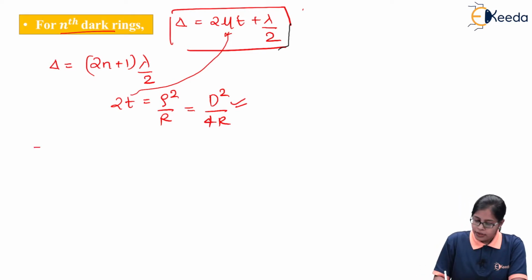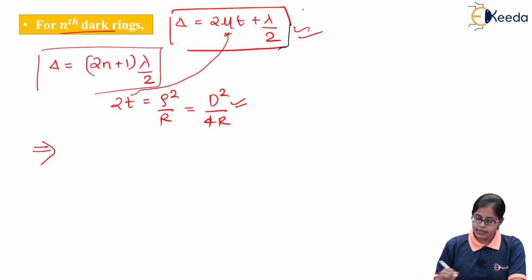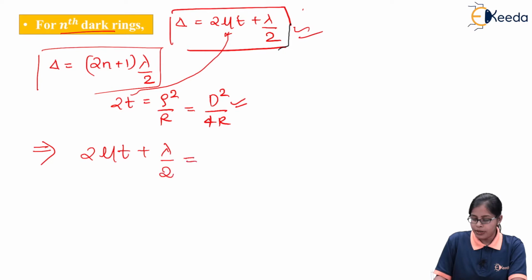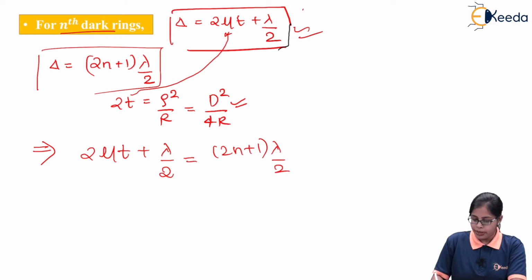Secondly, we are going to substitute the value in the above equation. This is the condition for the effective path difference and this is the condition for obtaining the dark rings. So we can equate the terms of both the path differences with each other: 2 mu t plus lambda by 2 is equal to (2n plus 1) lambda by 2. This is the condition that the path difference should be equal to an odd multiple of lambda by 2.